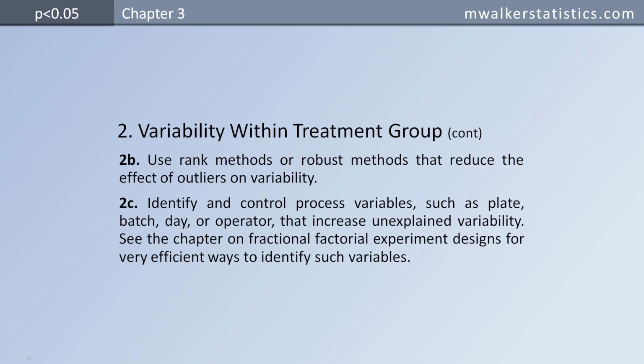Use rank methods or robust methods that reduce the effect of outliers on variability. Identify and control process variables, such as plate, batch, day, or operator, that increase unexplained variability. See the chapter on fractional factorial experiment designs for very efficient ways to identify such variables.